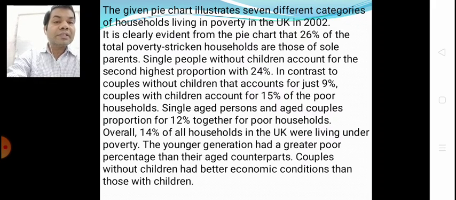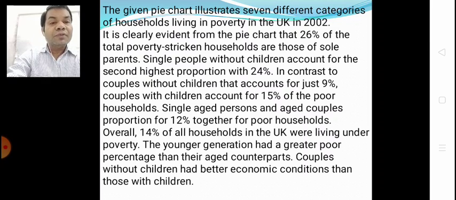In contrast, couples without children account for just 9%. Couples with children account for 15% of the poor households. Single aged persons and aged couples account for 12% together of poor households.